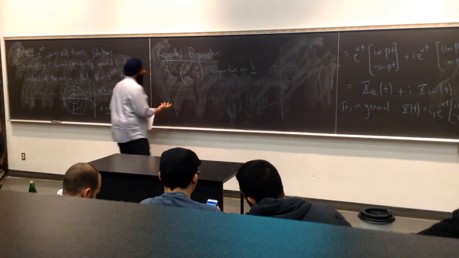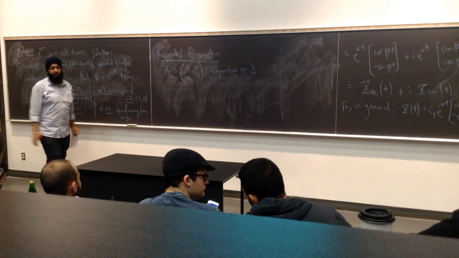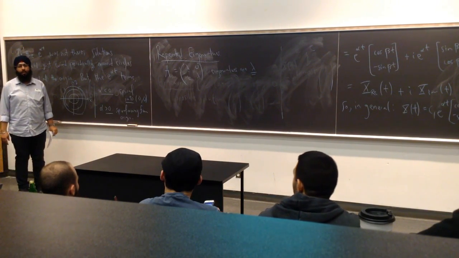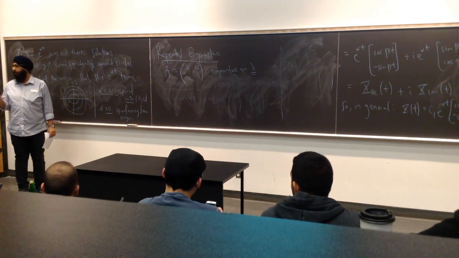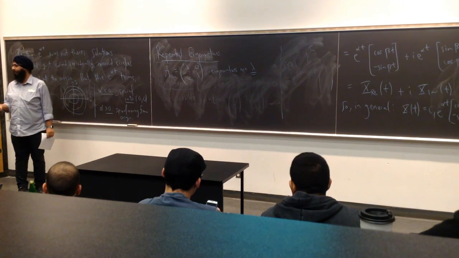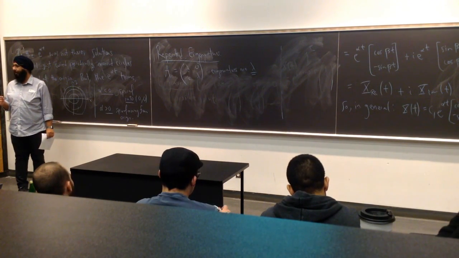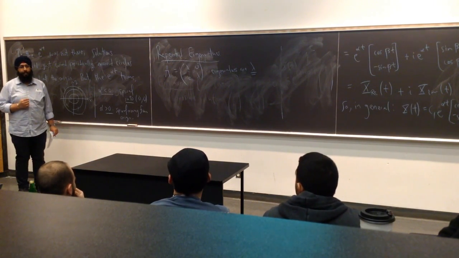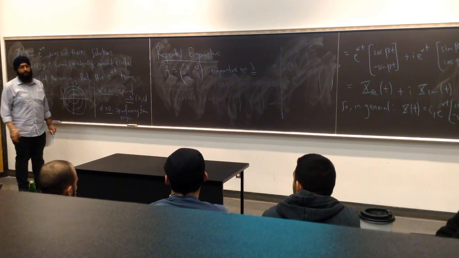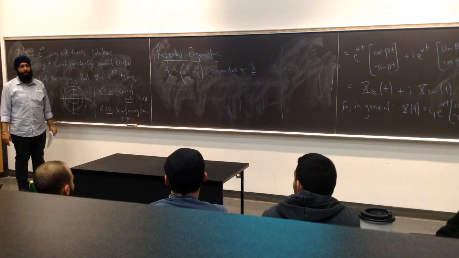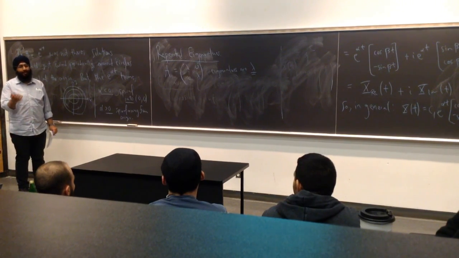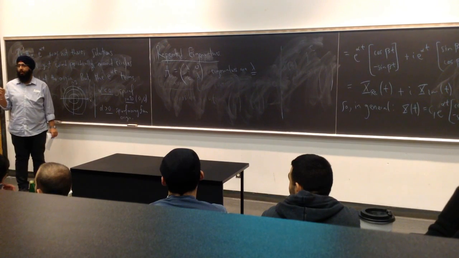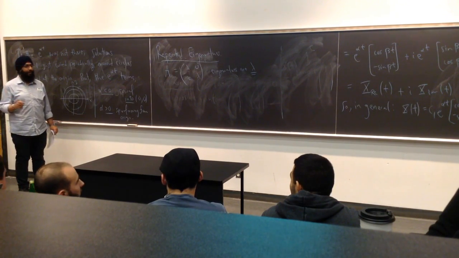So then, what are the eigenvectors of this? Any others? Think about it. Look at the matrix. What are the eigenvectors of this matrix? It's two-dimensional.